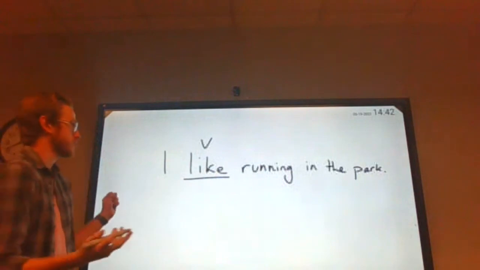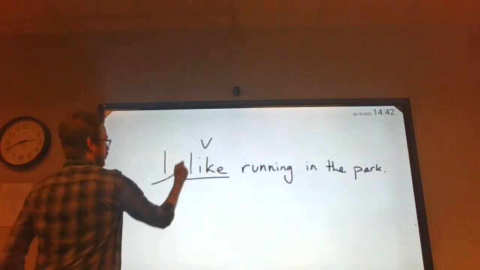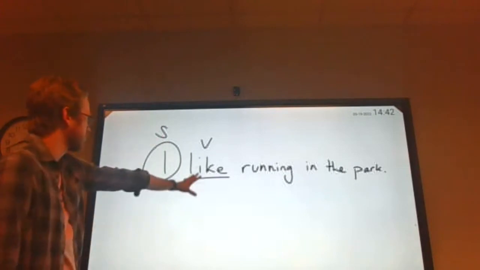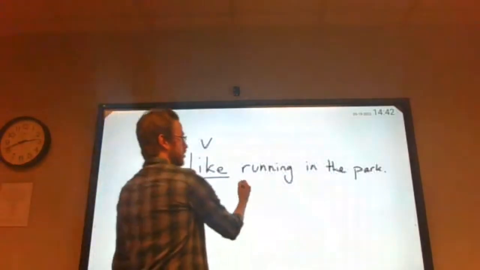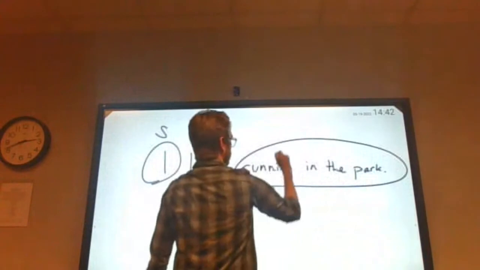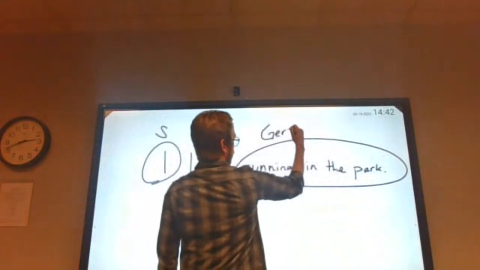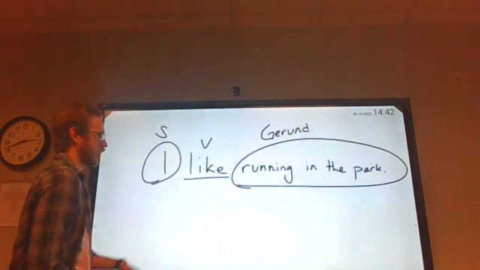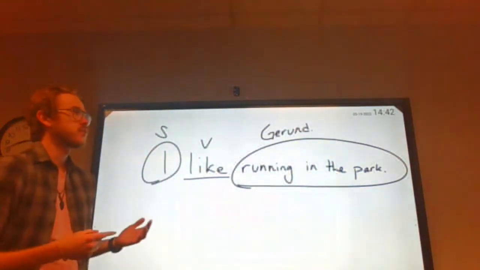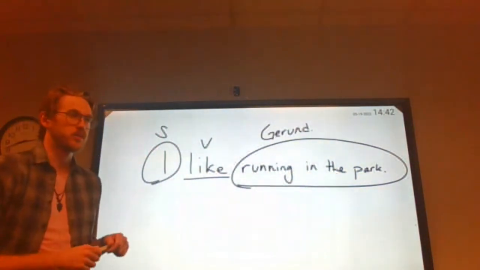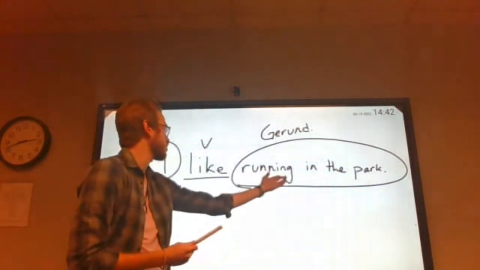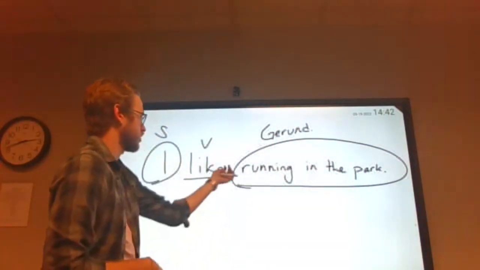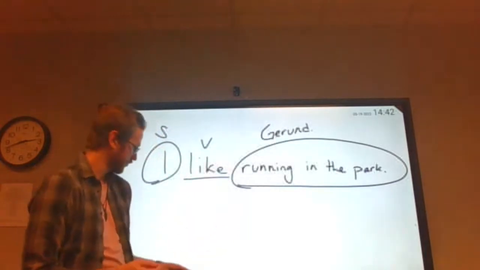Who likes in this sentence? I do. So I is our subject, like is still our verb. This is still a gerund, but notice that in this situation, it's not acting as a subject. It doesn't have to be a subject every time. What we're looking for is that ing treated like a noun, in this case, an object.